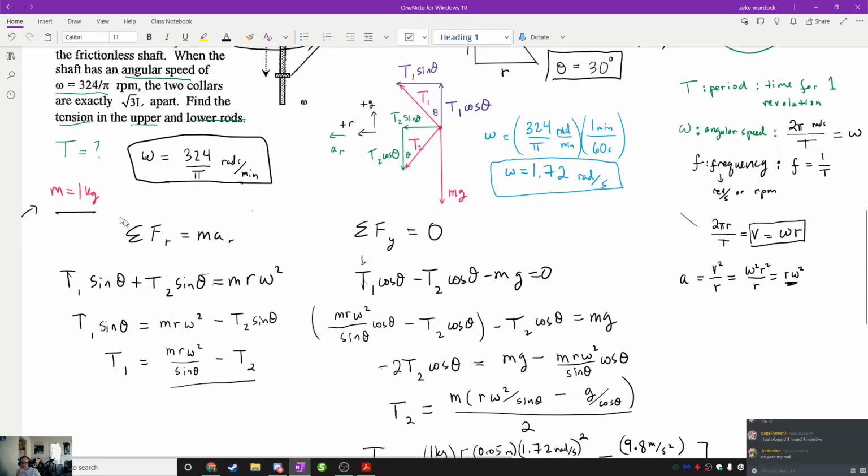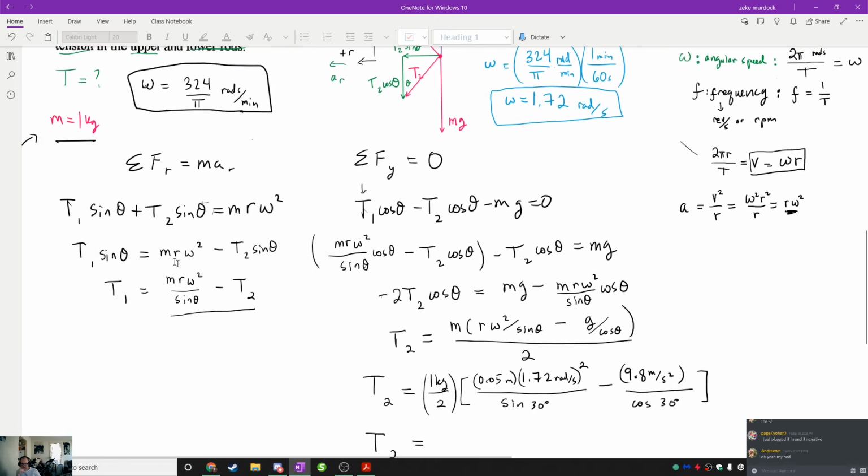This one should be these two forces because they're the two forces that are pointing inwards, right? So we solve this, we subtract this one over here. You get T1 sine theta is equal to mr omega squared minus this. Divide through by sine theta, so this term gets a sine theta in the denominator. This one doesn't, because it cancels out. You take all of that and you plug it into this equation.